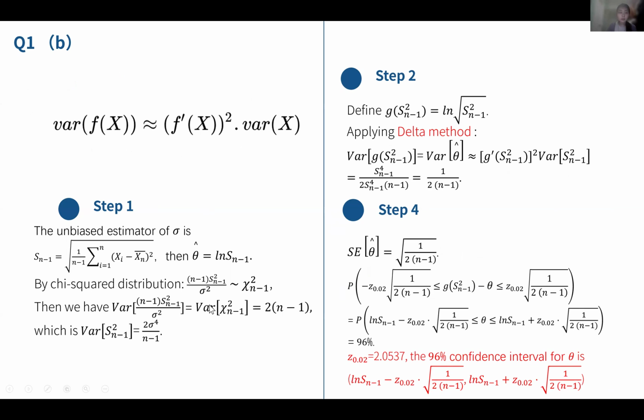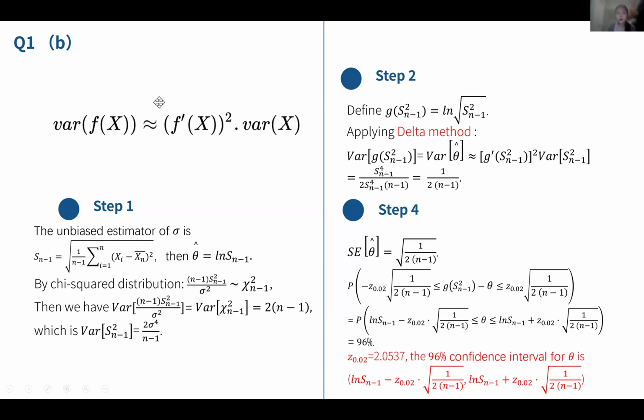So in step one, we use the Sn-1 equation here to replace sigma, as the unbiased estimator of sigma. Then the estimator of theta is here, based on the definition. By the chi-square distribution, we can find the variance of Sn-1 square, which has this function.